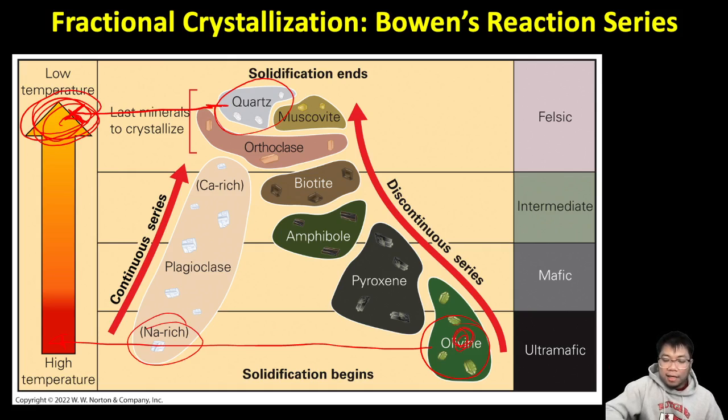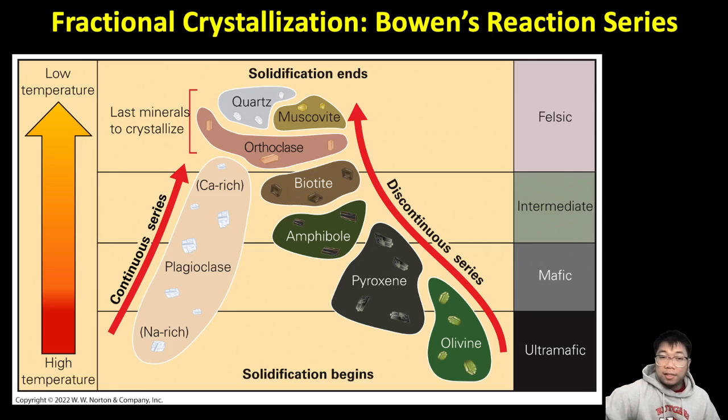Okay, and another nice thing about Bowen's reaction series is that it actually gives us the ability to predict the mineral assemblage for different types of igneous rocks.